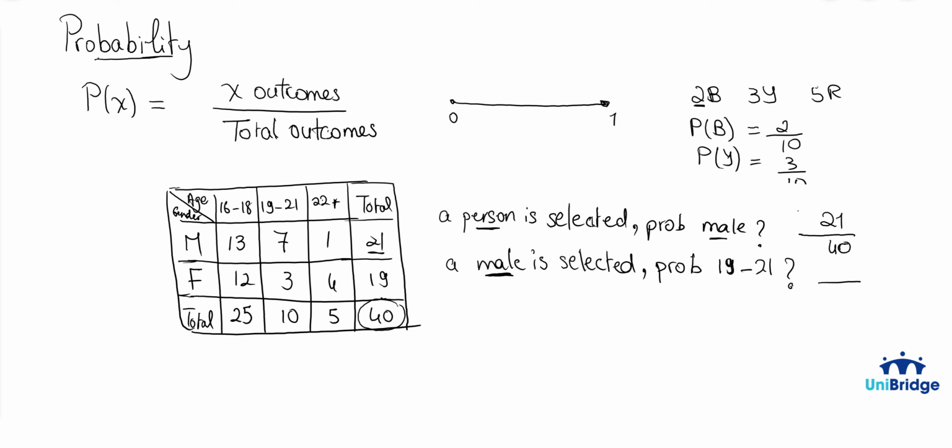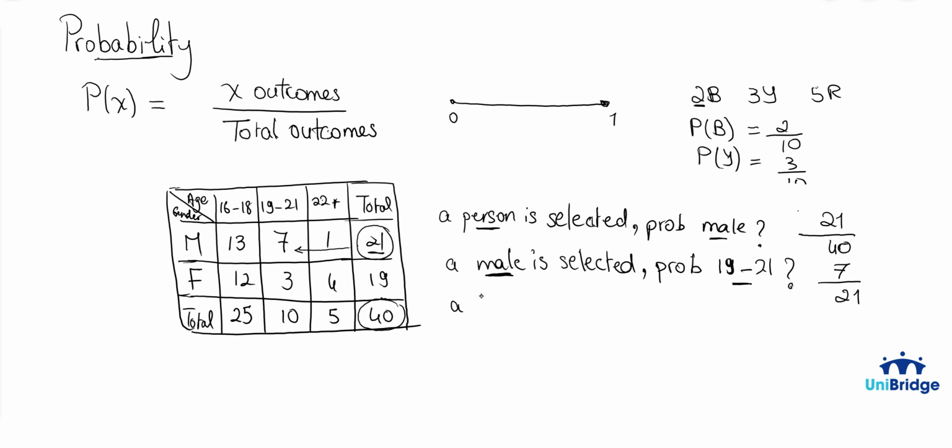So the total of people you're going to have is the total of males, not the total of all, which is 40, but only 21. It's as if I'm telling you that I'm selecting only from the males, which have a total of 21. Out of these 21, how many were from 19 to 21? I'm just looking here, and I'm getting 7 out of the 21.